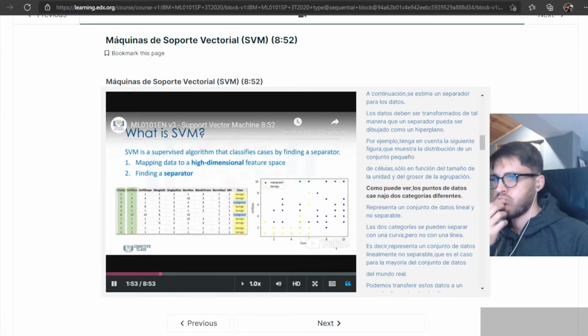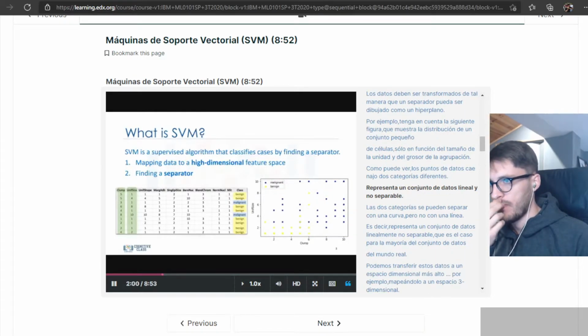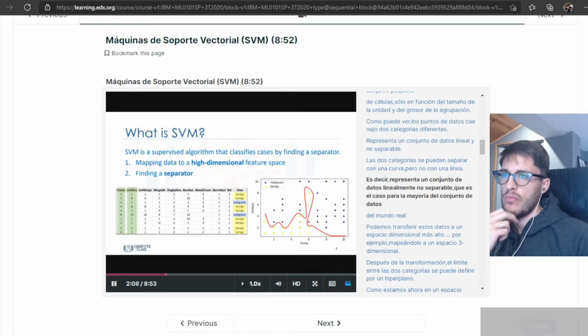As you can see, the data points fall into two different categories. It represents a linearly non-separable data set. The two categories can be separated with a curve, but not a line. That is, it represents a linearly non-separable data set.